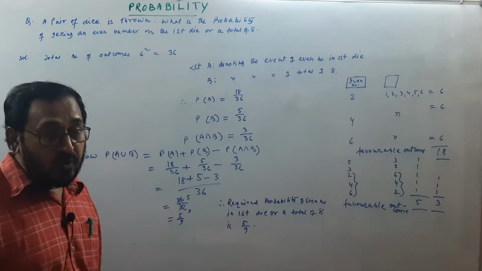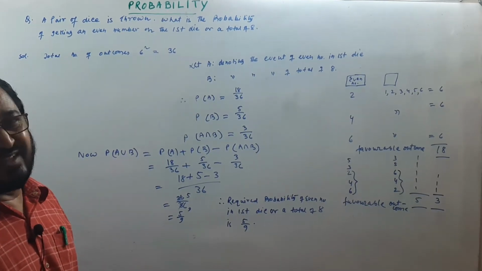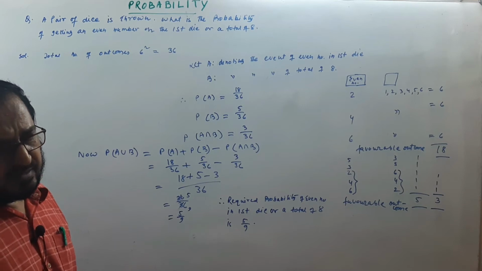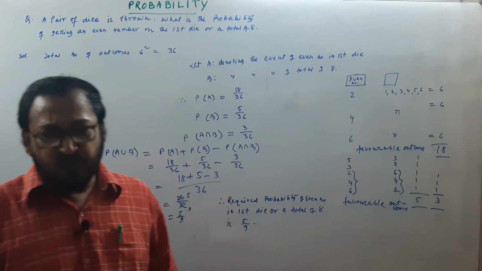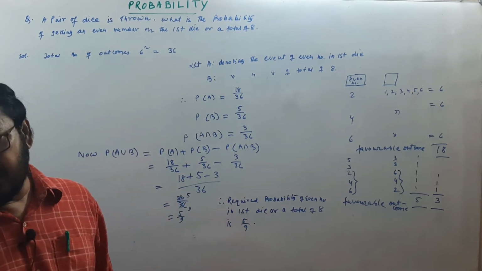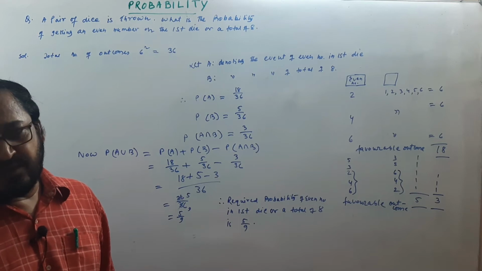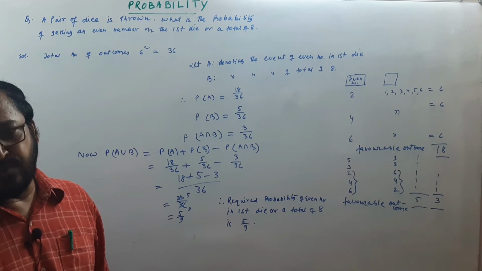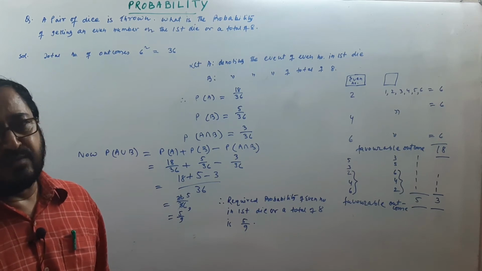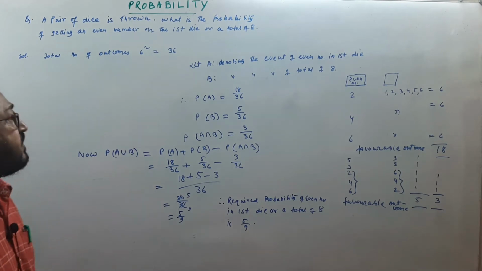Now, you all know that one die has 6 surfaces, each side having 1 to 6 points respectively. That is 1 point for one surface, 2 points for another surface, 3 points, 4 points, and 5 points and 6 points also on other surfaces.